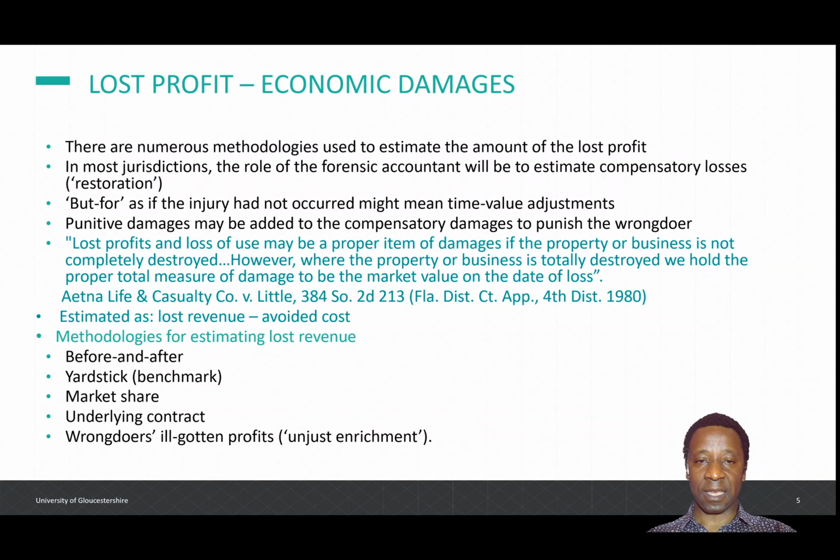So this is an instance where valuing the business may be a better way of calculating the economic damages. But as I said, we would leave the concept of firm valuation to next week. Okay. For now, just remember that economic losses or lost profits interact sometimes with the valuation of the business. So what do you do otherwise?